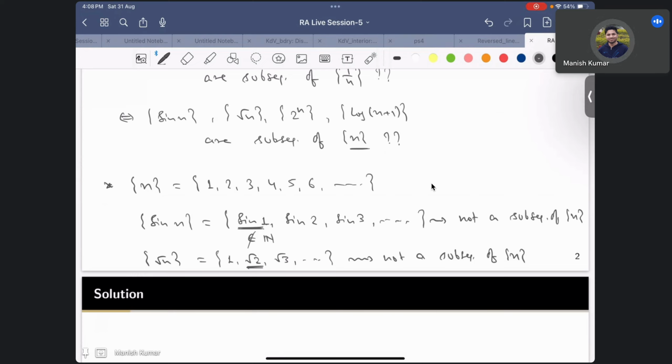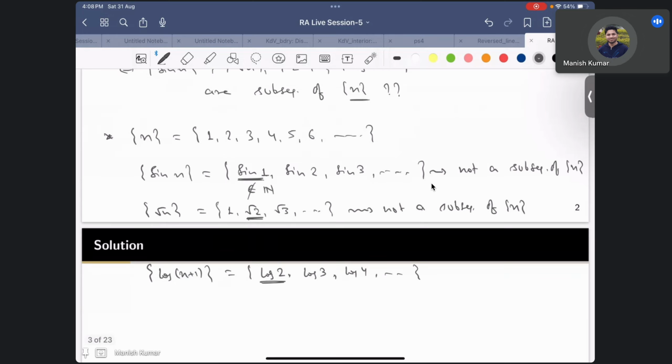Similarly, if you look at log n plus 1, this sequence is log 2, log 3, log 4 and so on. Over here also the value of log 2 is not an integer, or not a natural number, so this also does not belong to n. So this is not a subsequence of n.